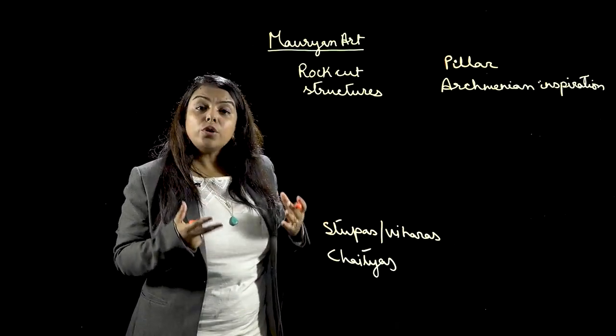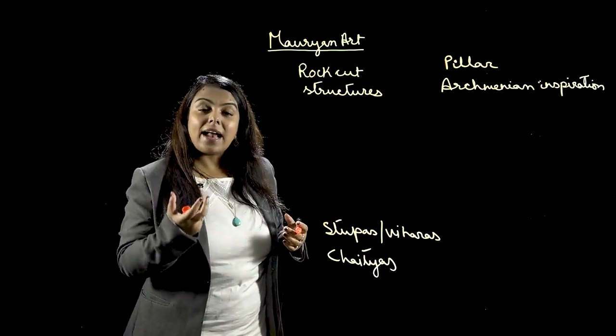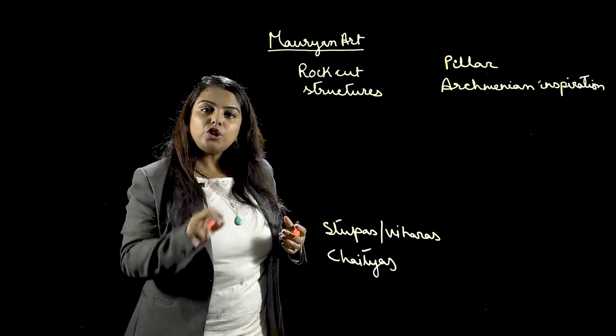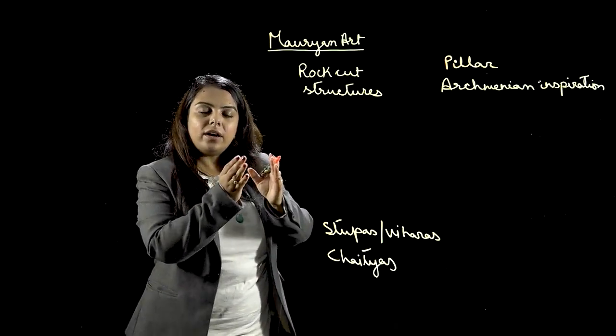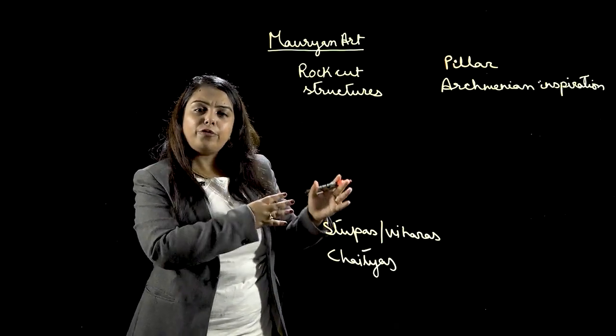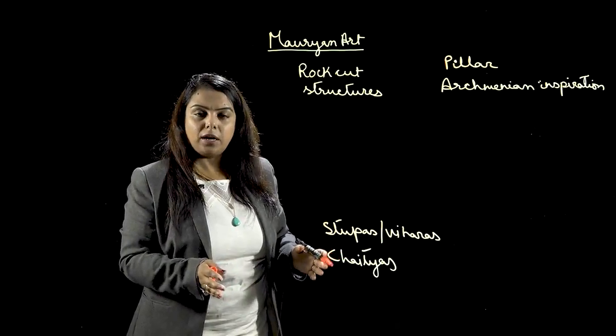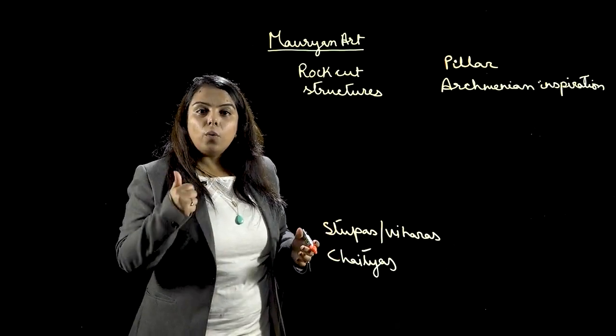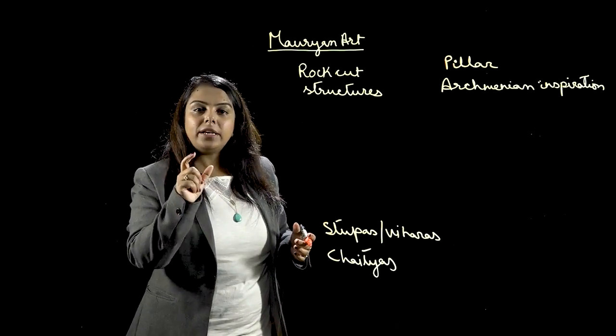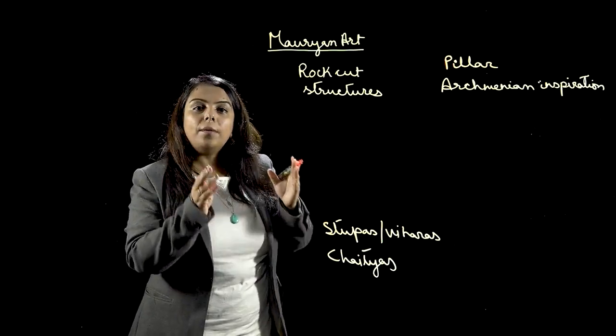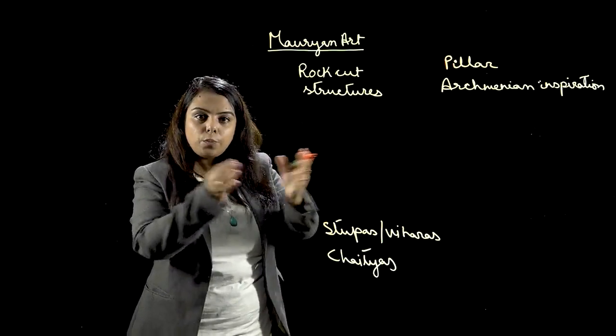Further, they also used motifs like that of lotus, but Ashokan pillars had a little bit of a different way of constructing the pillar. What was that difference? One, Achaemenian pillars are more made of separate blocks put together.